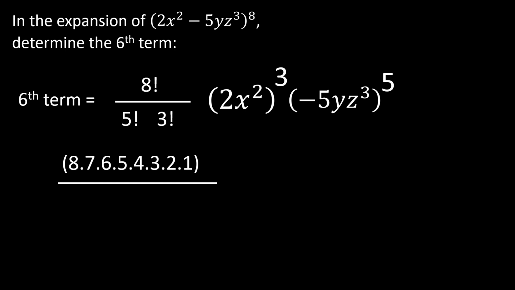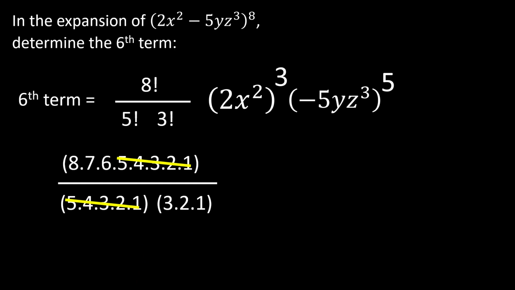For our denominator, the 5 factorial can be written as 5 times 4 times 3 times 2 times 1. For the other part of our denominator, 3 factorial can be written as 3 times 2 times 1. If we observe, we can cancel 5 times 4 times 3 times 2 times 1 at the numerator and at the denominator. Let us now cancel those.